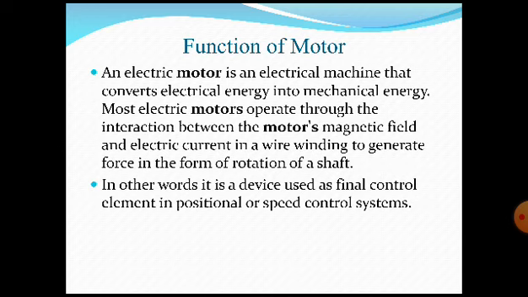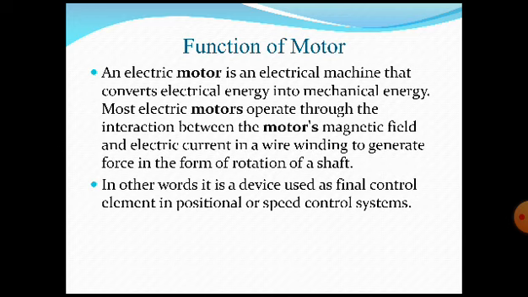So this we need to understand here. The armature winding is there, and you are going to have a stator, a rotor and all that. The working principle of the motor plays a very important role, which we have discussed in length, especially in the mechatronics subject. It is my personal opinion that you should please go through the actuation systems chapter, which we have discussed in length in connection with the motors. In other words, it is a device used as a final control element in positional or speed control systems.